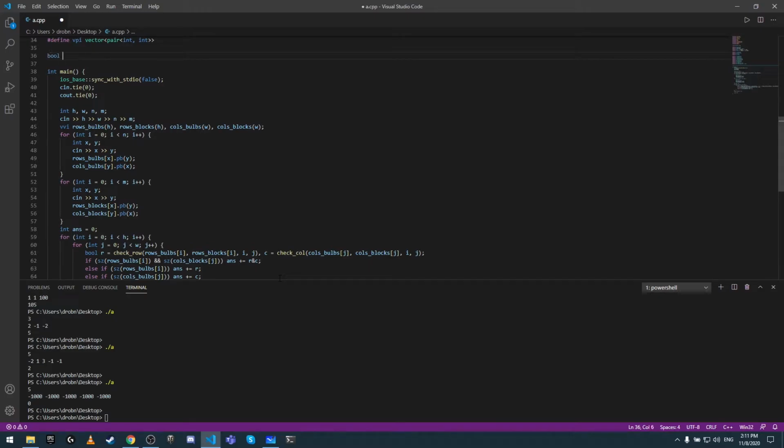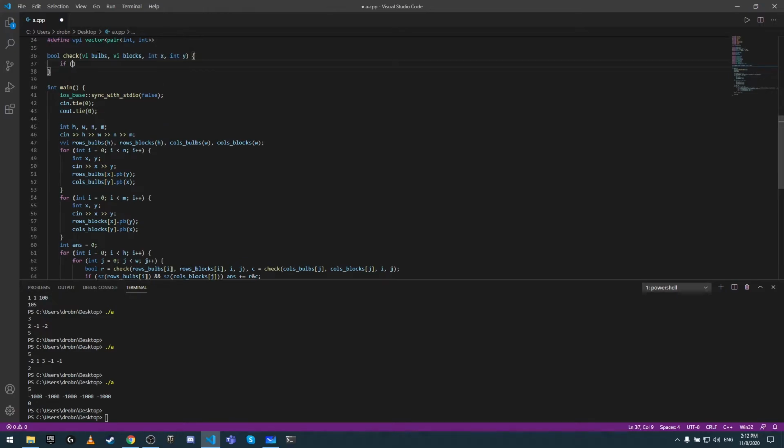So bool check rows, and I think it's just the same check, right? I think it is the same check, we don't need to do anything else. So we do v of bulbs, v of blocks, and int x and int y.